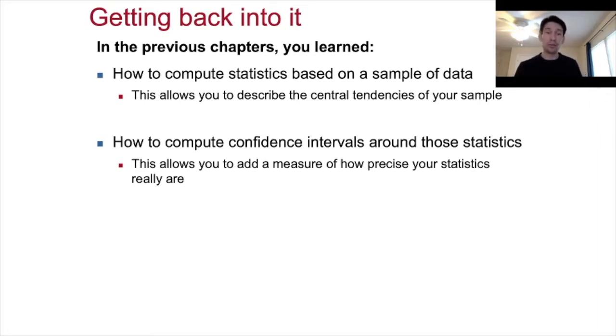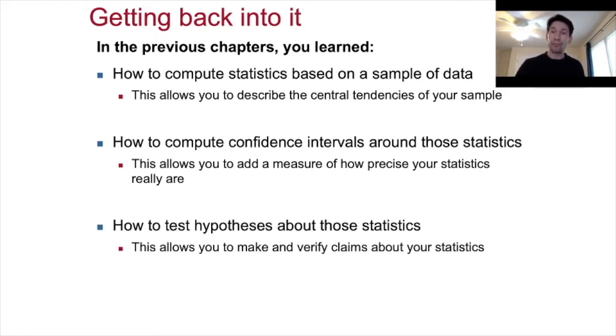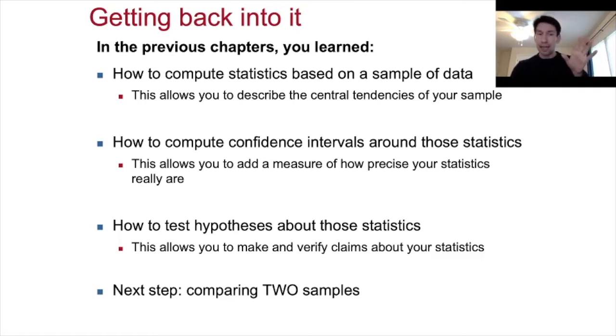So it allowed you to add a measure of how precise your statistics really are. And then you learned how to test hypotheses about those statistics. So that allowed you to make and to verify some claims about those statistics. Okay? Now, the next step is comparing two samples.